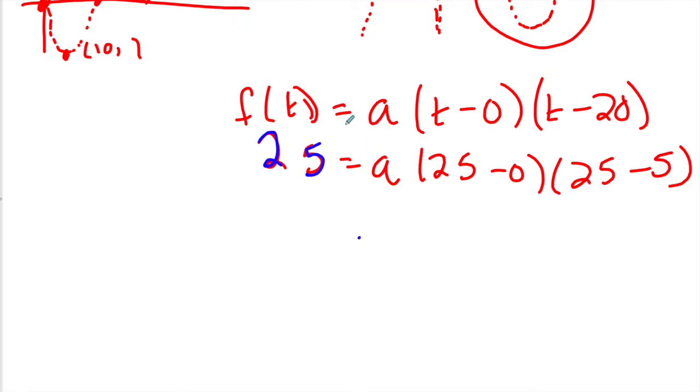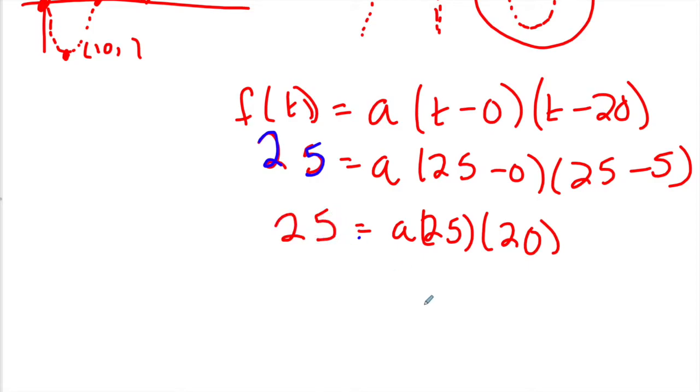See if we can figure out. So this becomes 25, right? 25 minus 0 is 25. What's 25 times 5 minus 5? That's 20. Okay? And this is all equal to 25. So if I multiply those together, see what I did?